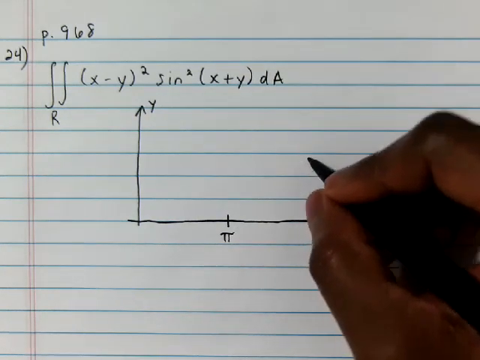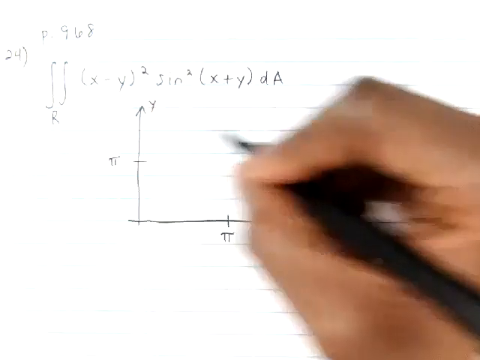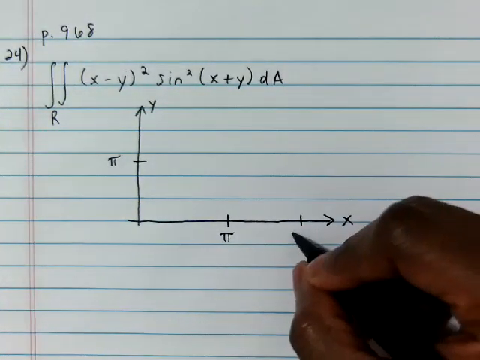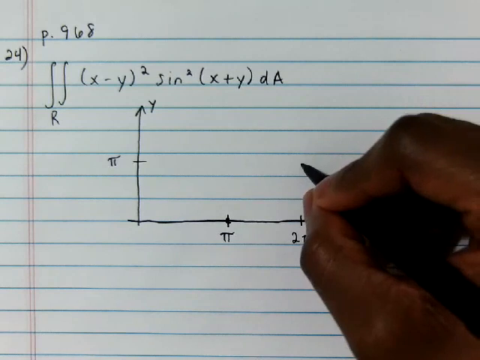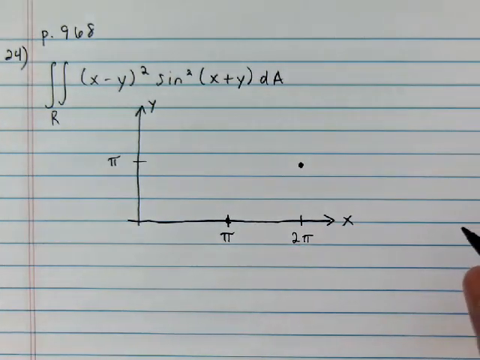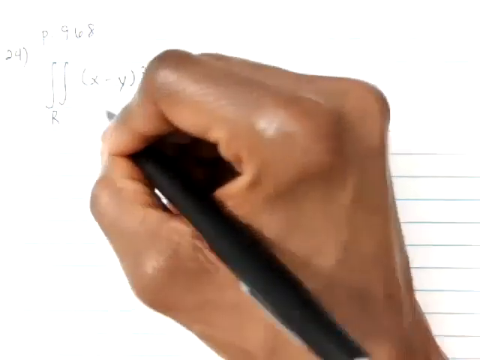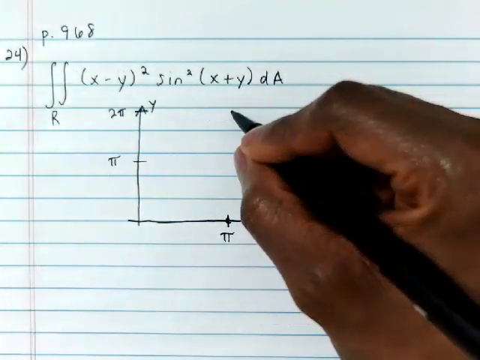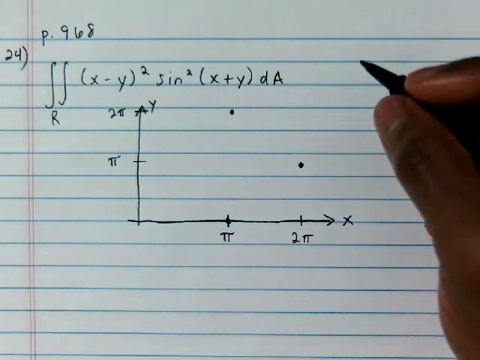This is not going to be drawn to scale, but let's put 2 pi right here. So that was the first point. The second point they gave us, and then pi, 2 pi, so we're going to put 2 pi all the way up here. And lastly, 0, pi.